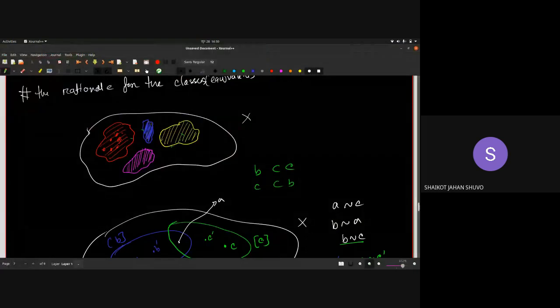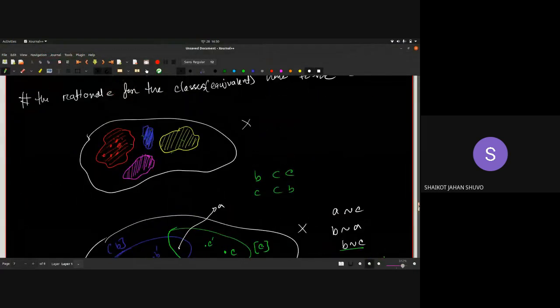When you identify these equivalence classes, you are generating something interesting, and those are called quotient spaces. Look at this figure. You have some set, and inside that set you have some classes that are disjoint from each other, right?